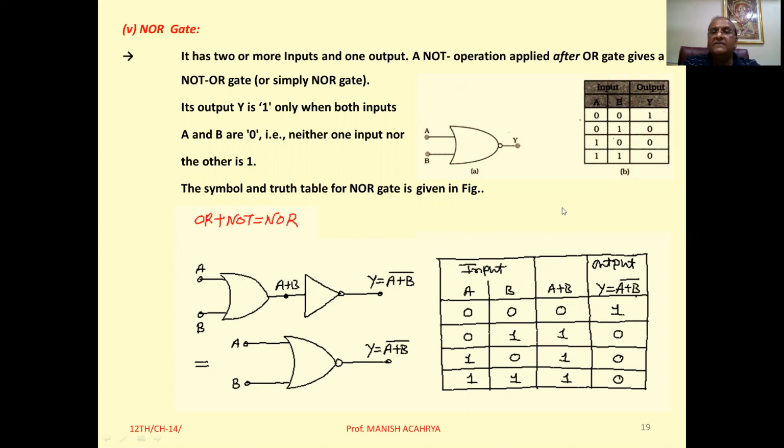Here, when we think about its working, see this truth table. This is the circuit symbol. This is the symbol of OR, and at the output we place an open circle that represents NOT. So this one is the combination of OR and NOT. Okay. And this truth table represents its working.